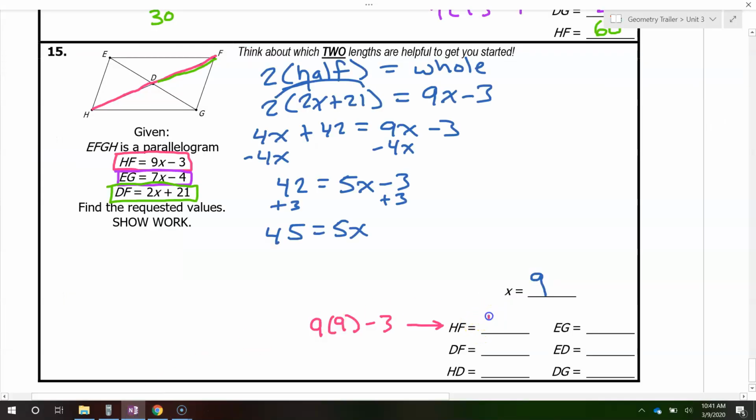So HF is 78. Okay, DF, that's the green one. We have an expression for that as well. It's 2x plus 21, so that's 2 times 9 plus 21.